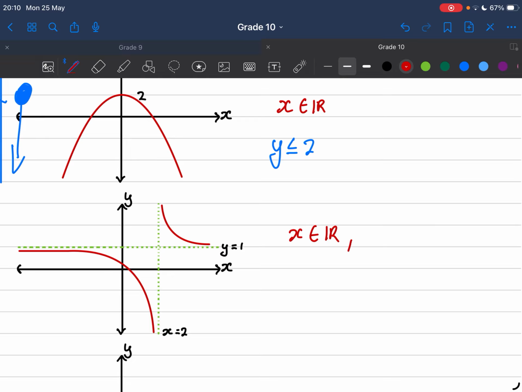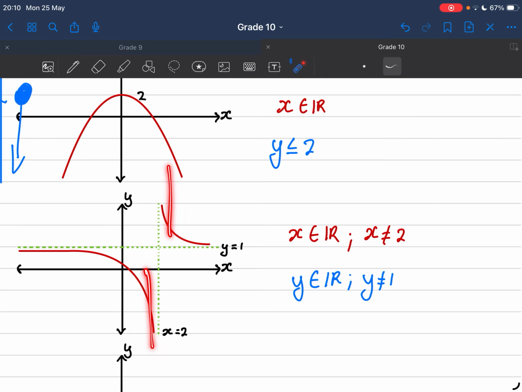So we just omit that from all the real numbers. There's just one number it doesn't exist for, and that's 2. So we say, okay, everything except 2. Right? And how tall is it? y is an element of real numbers, y not equal to 1, because it's up and down except here at 1.